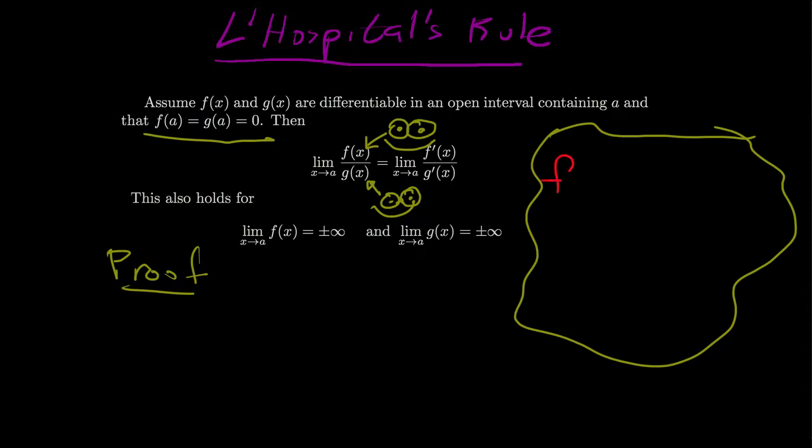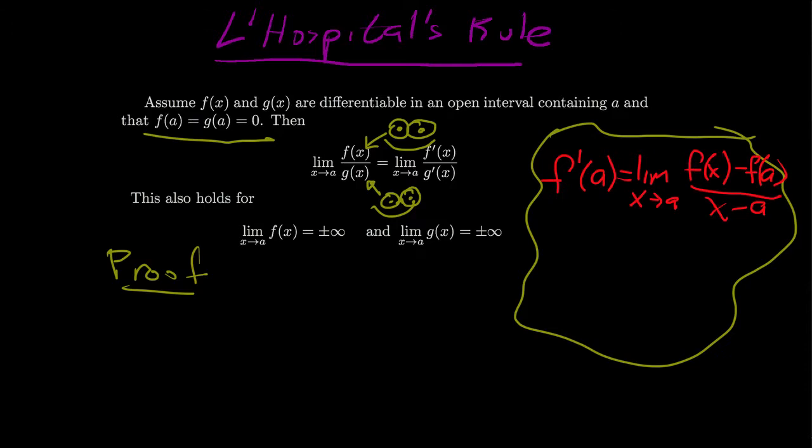The derivative at a, I'm going to use this definition. This is equal to the limit as x approaches a of f of x minus f at a over x minus a. Remember, this is the alternative definition instead of x plus h.